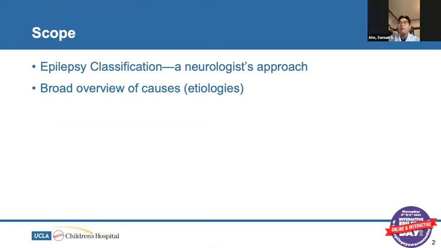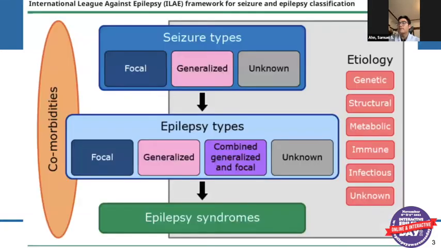So I want to emphasize that being able to classify the epilepsy type and understanding the cause of epilepsy is paramount in how we decide to approach therapies for the seizures. Then I'll go over a broad overview of the various causes of epilepsy, and we'll get into it.